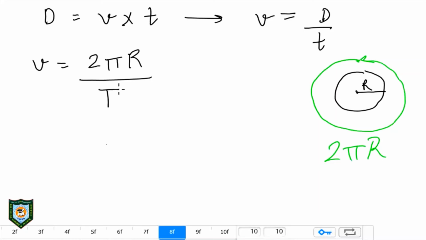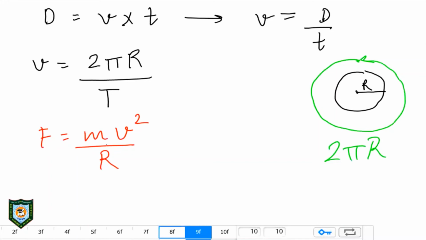Now what we are going to do is replace v in the formula F = mv²/R. We are going to replace v as 2πR divided by T. So let's go on further and see what happens.